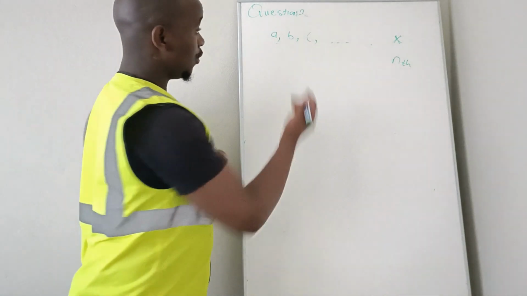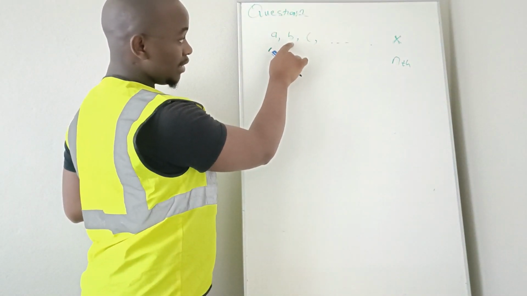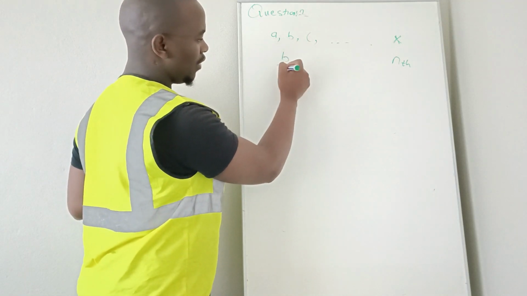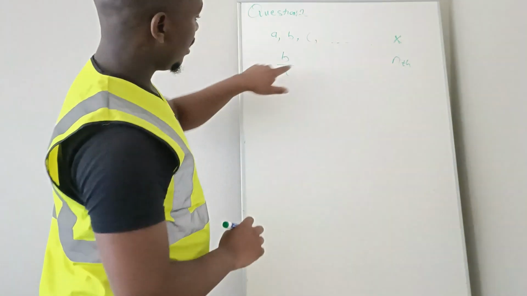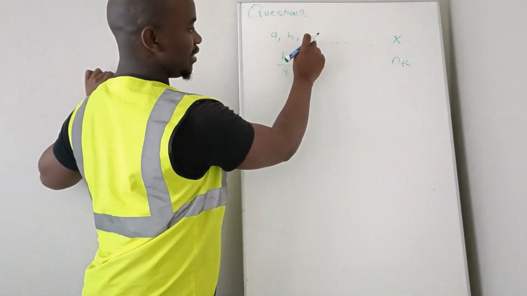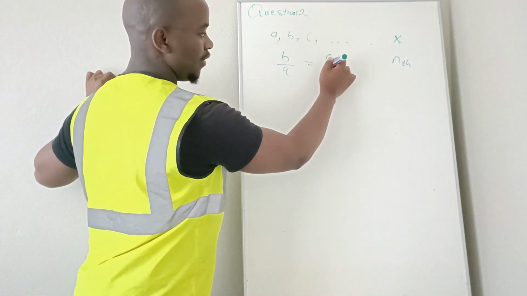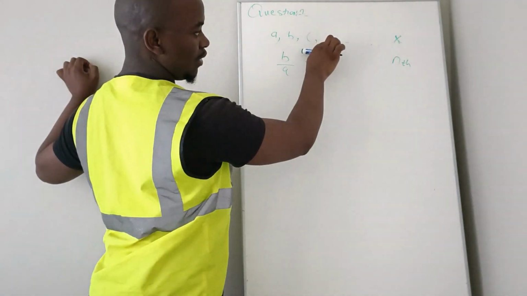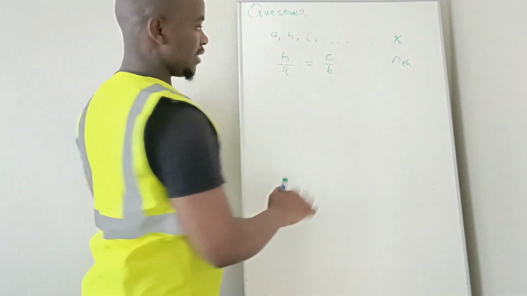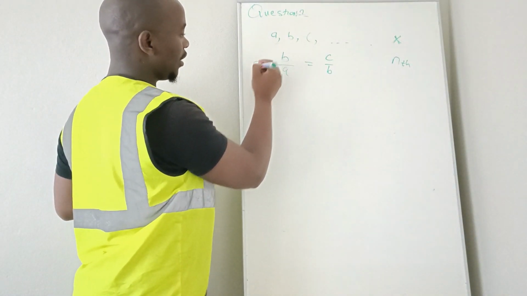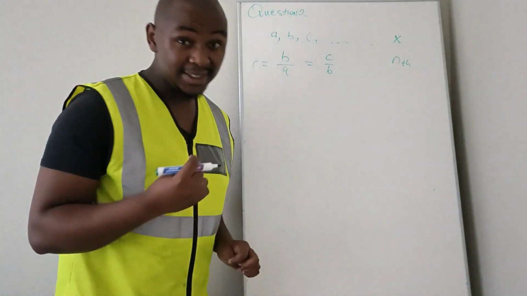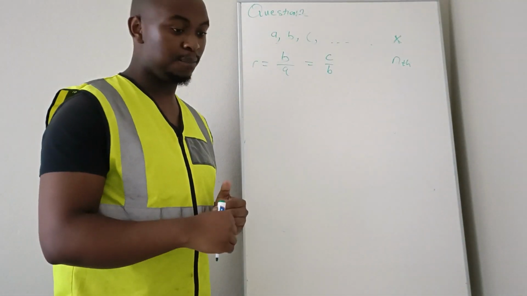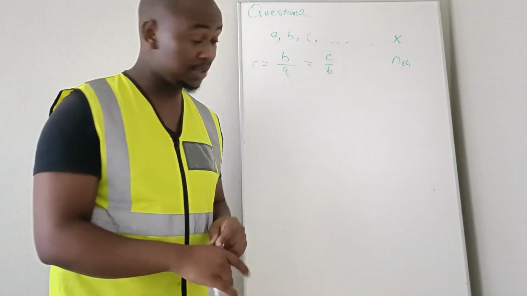A geometric series will have that if we divide the second term by the first term, so B over A, this value should be the same as dividing C by B, or say if we had D here, D divided by C. So we call this a ratio R. So a geometric series is described by the ratio between consecutive terms.